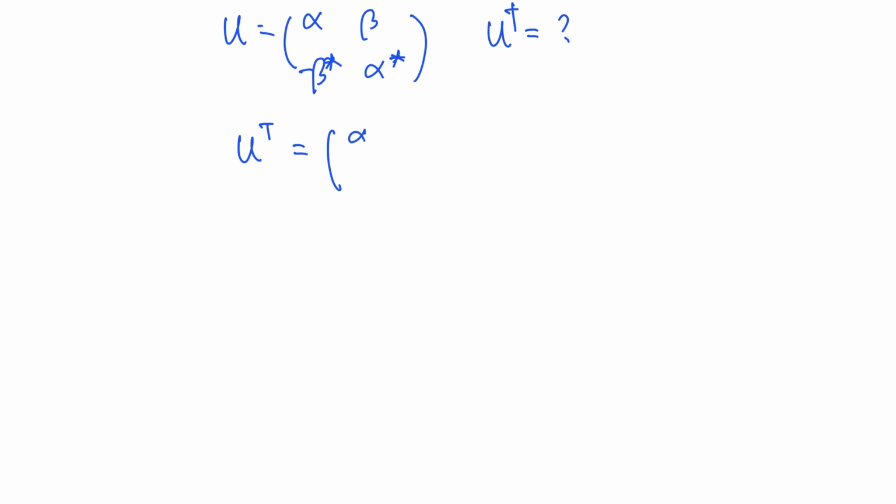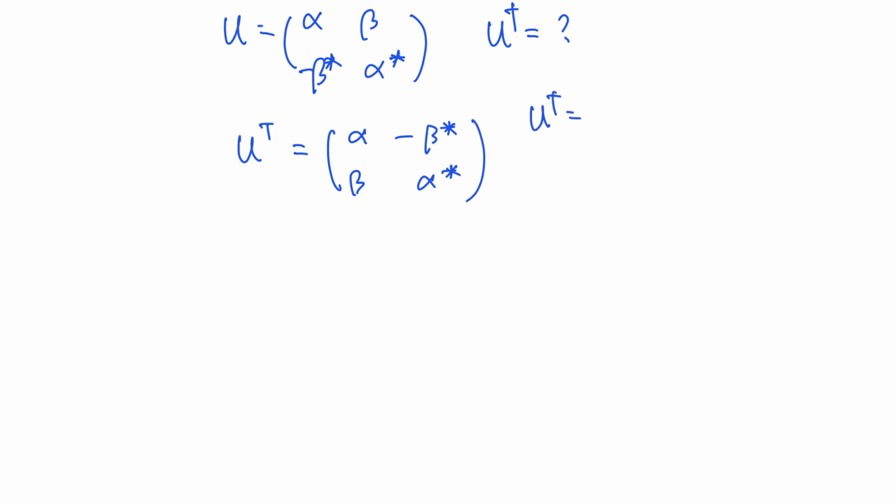So generally we say U is alpha, beta, minus beta complex conjugate, alpha complex conjugate. What about the adjoint? You take the transpose first, right? You take a transpose, it becomes alpha, minus beta complex conjugate, beta, alpha complex conjugate.